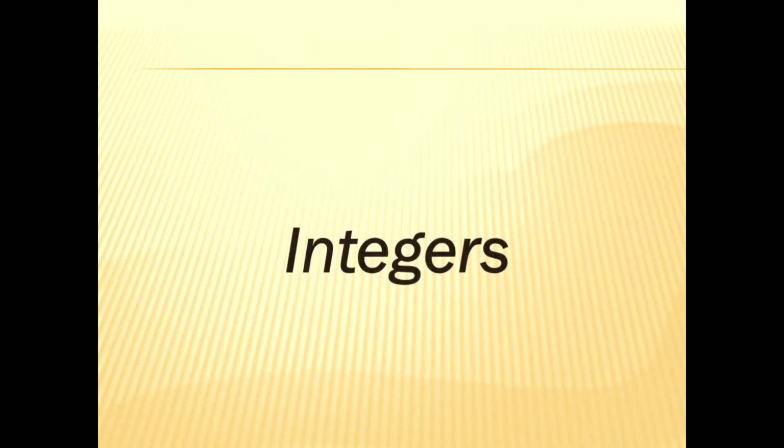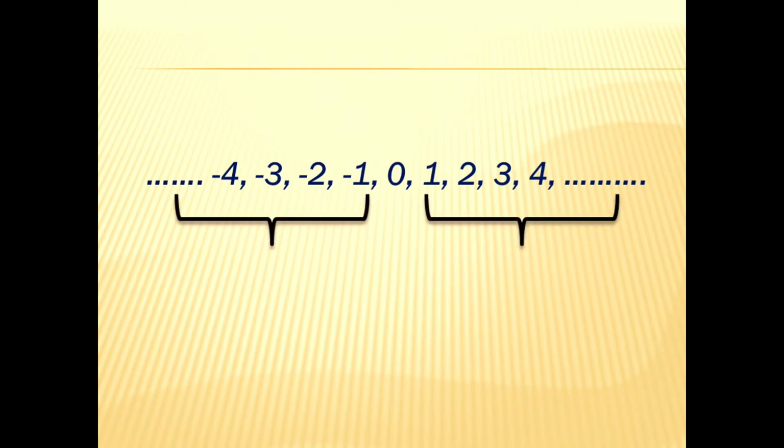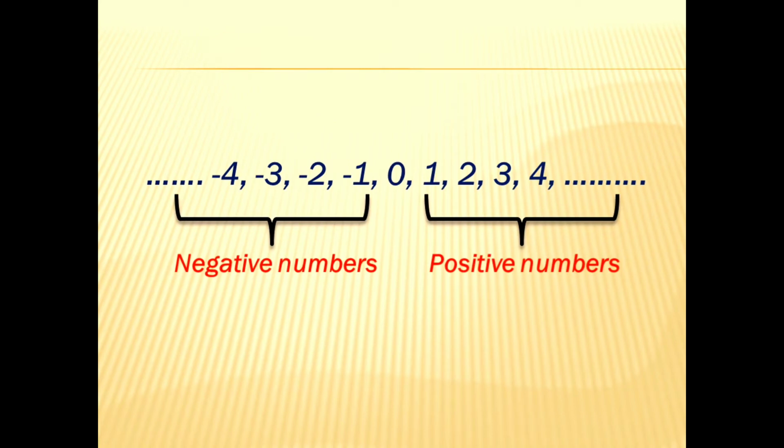Let us consider the next type, that is integers. To understand the term integers, let us consider these numbers: minus 4, minus 3, minus 2, minus 1, 0, 1, 2, 3, 4 and so on. In this example, we have all the negative numbers, all the positive numbers and the 0, which all together form the set of integers.